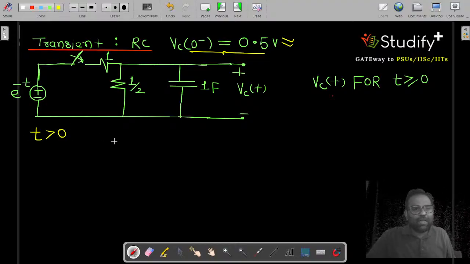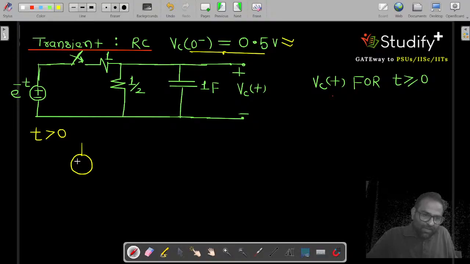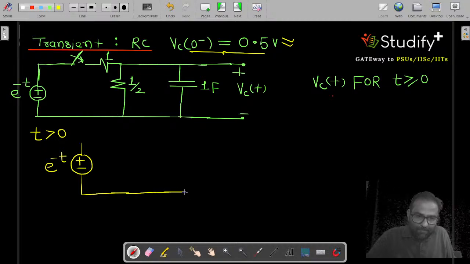If I analyze the circuit for t greater than 0, how will the circuit look? I am having one source which is e to the power minus of t, correct? Then we are having a 1 ohm resistance here.